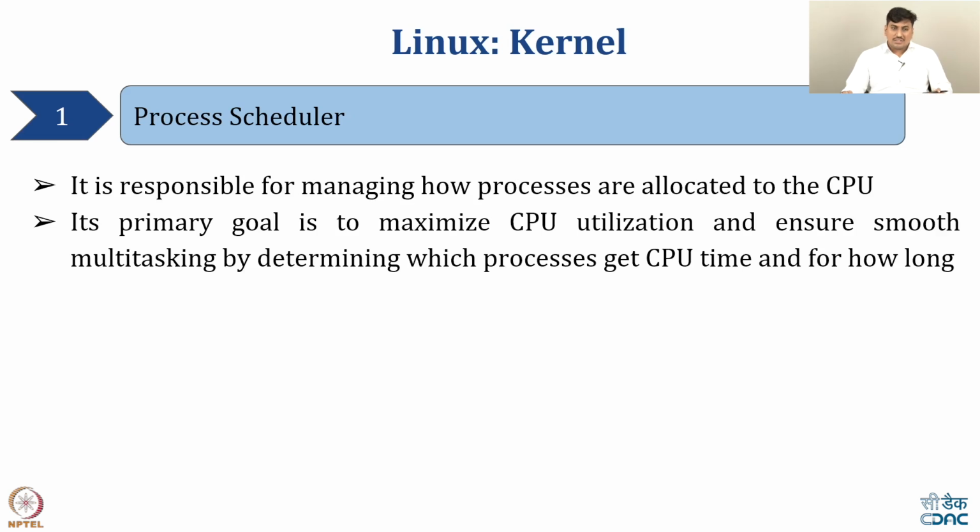As I had mentioned earlier, it is basically responsible for managing how the processes are allocated to the CPU resource, and its primary goal is to maximize the CPU utilization and ensure smooth multitasking, so that whatever CPU time is available, that CPU time share is divided among the different processes equally. That is the main task of this particular process scheduler.